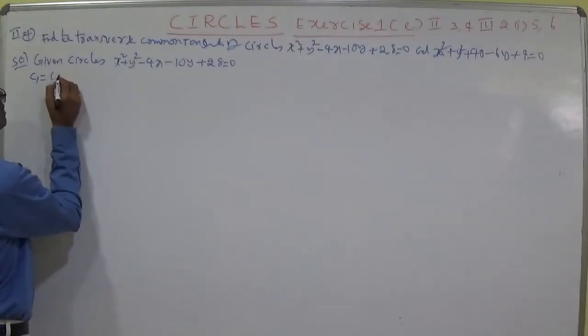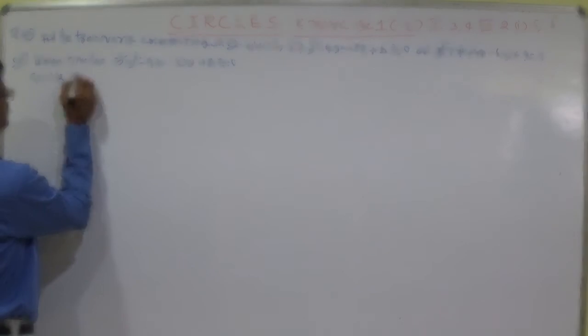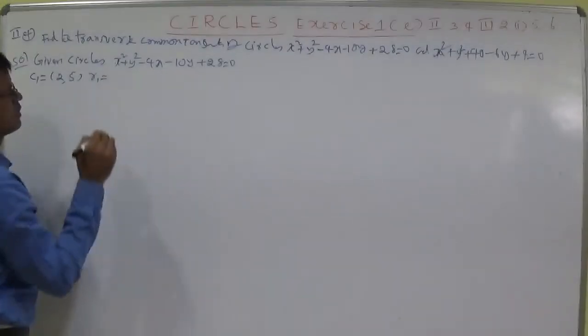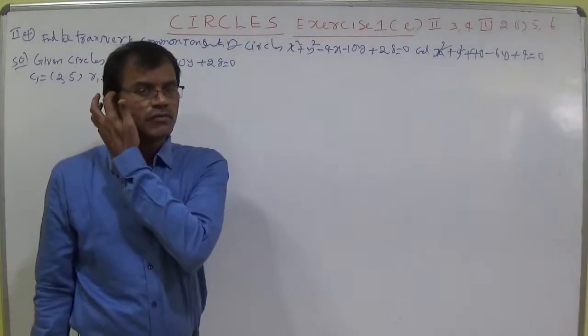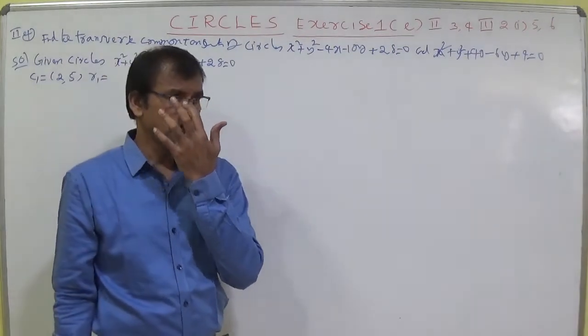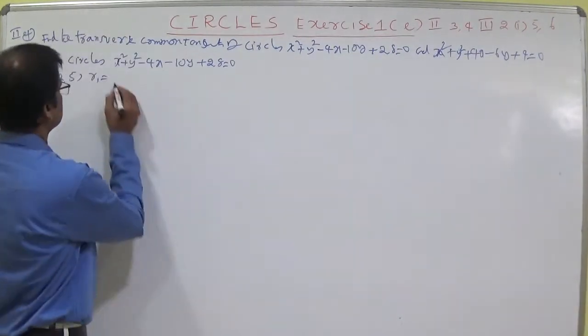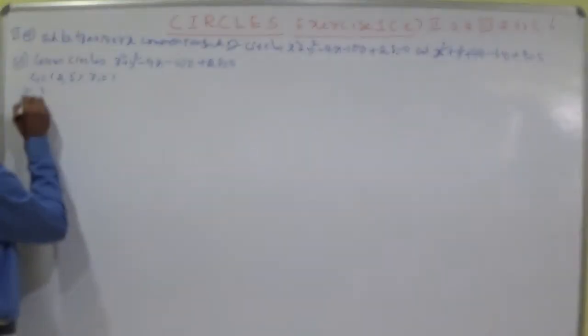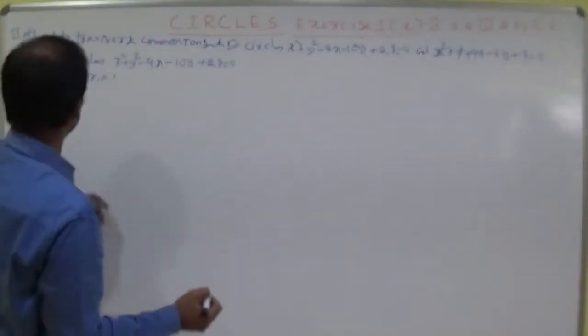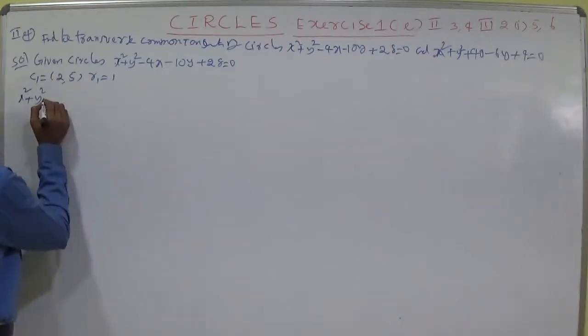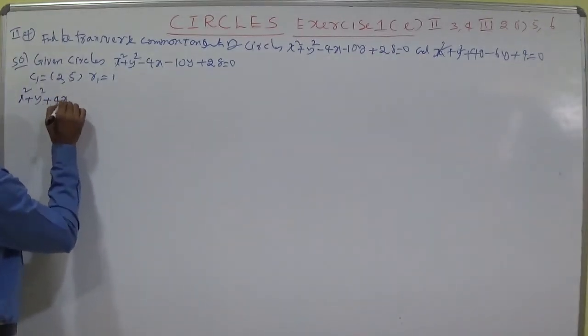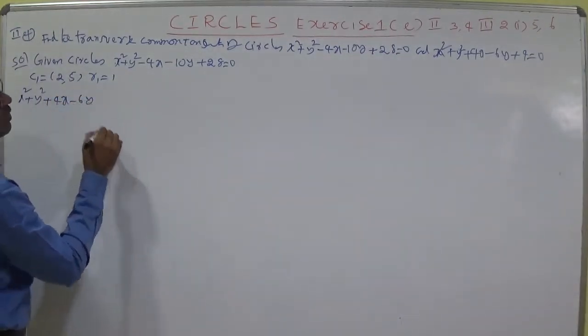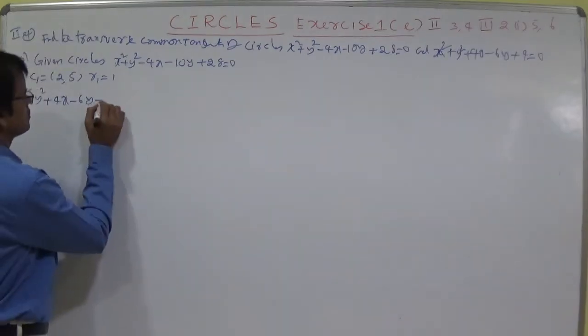Let us write here C1, center 1 is equal to (2, 5), and R1 equal to root of g square plus f square minus c: 4 plus 25, 29, 29 minus 28, 1. Next circle, you write x square plus y square plus 4x minus 6y plus 4 equal to 0.